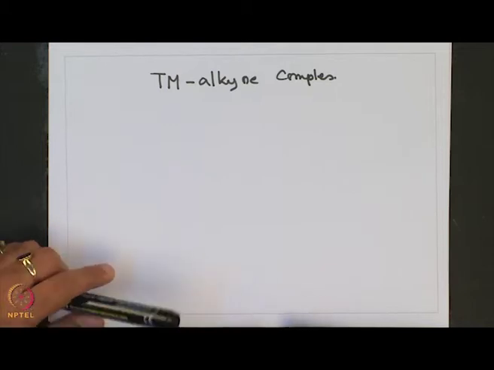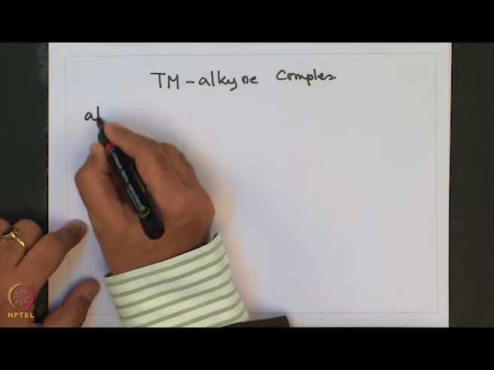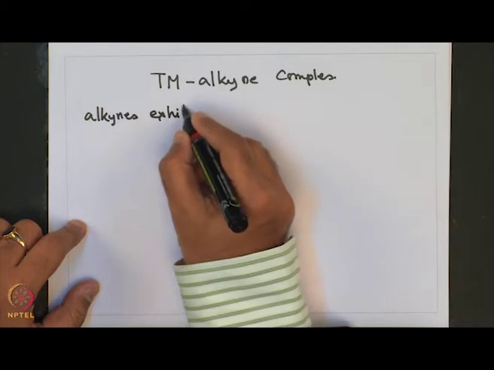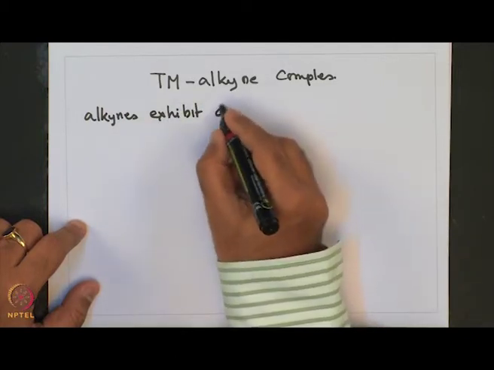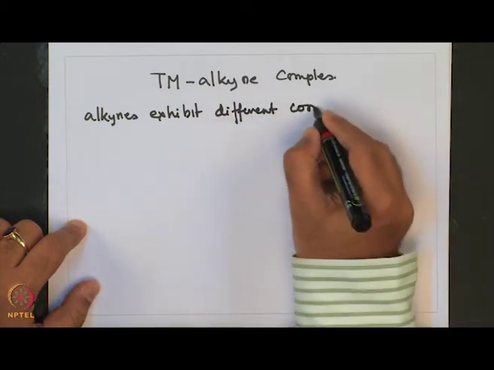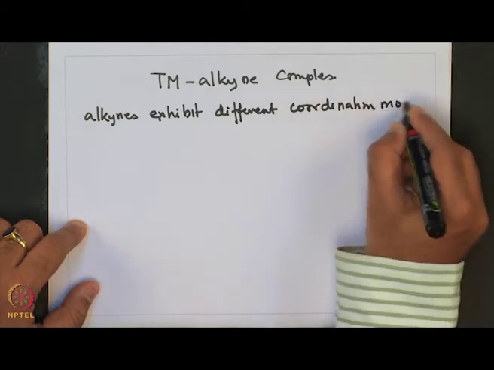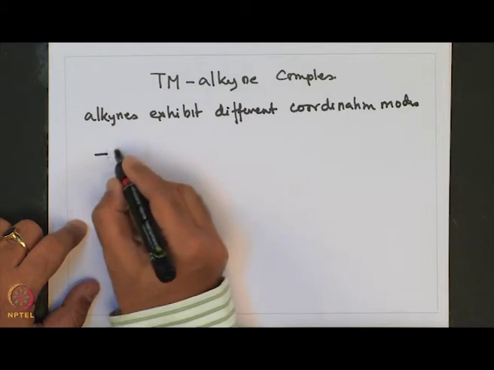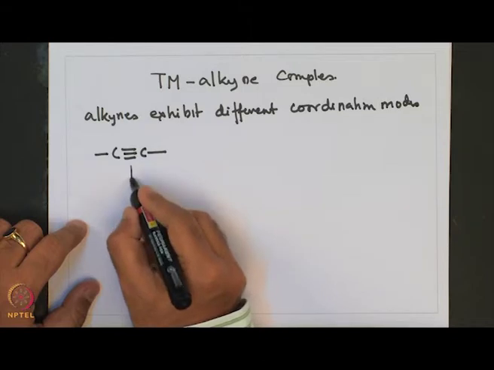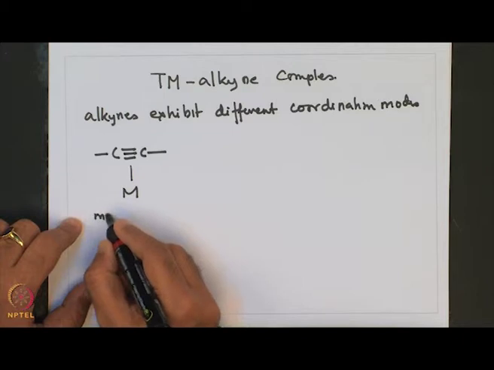Now, transition metal alkynes exhibit different coordination modes, and these can be monodentate, where the alkyne is bound to the metal. So, this is called monodentate.